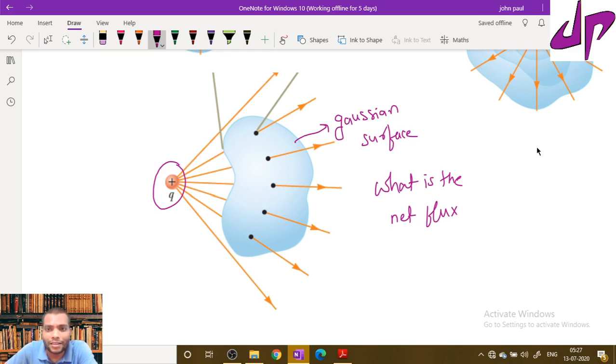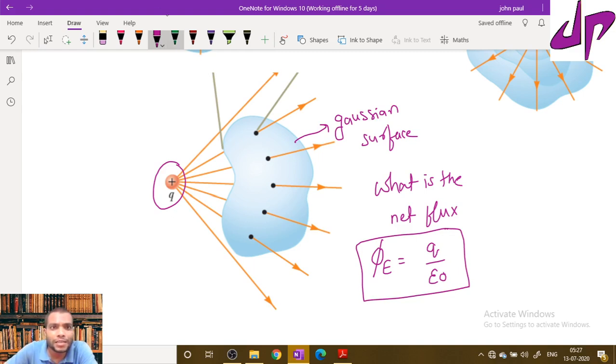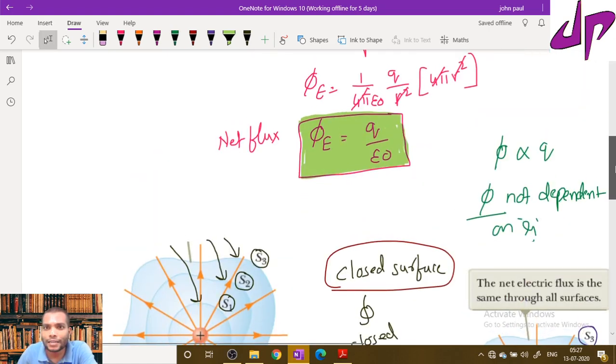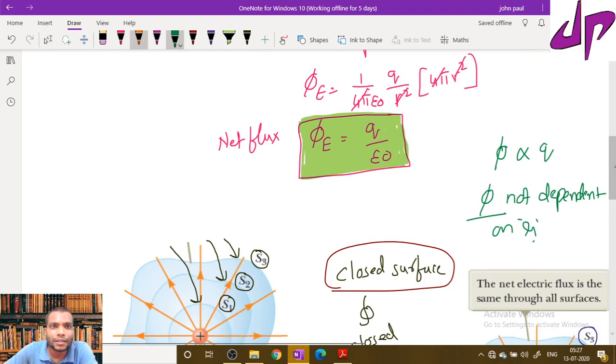If you write the flux formula according to Gauss's law, the net flux phi equals Q upon epsilon naught. So this is Gauss's law. And the total flux equals Q, the charge, here I would like to write everywhere charge enclosed. So in the above derivation also, I could mention that it is supposed to be charge enclosed.